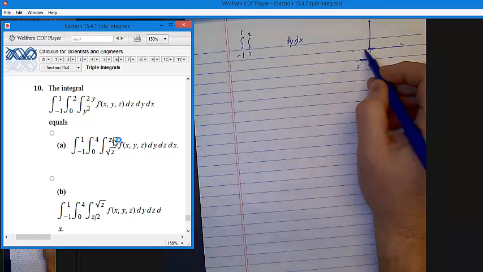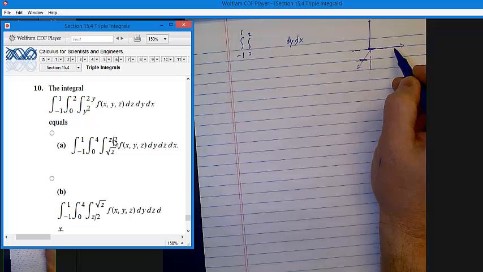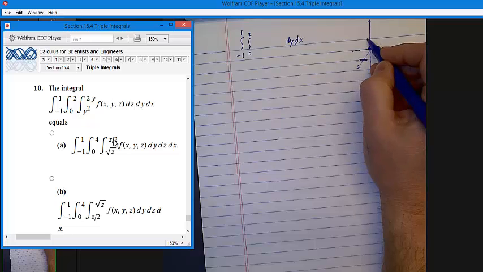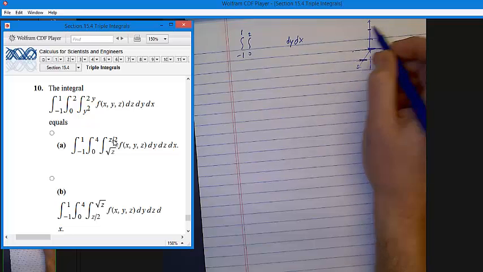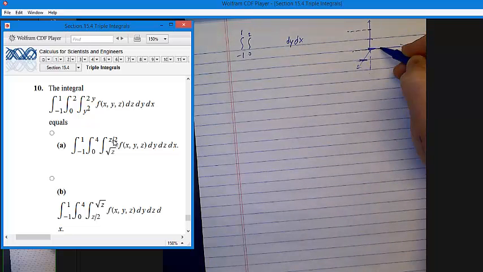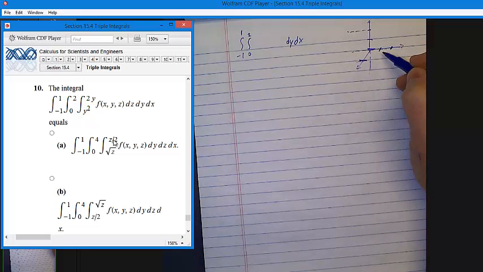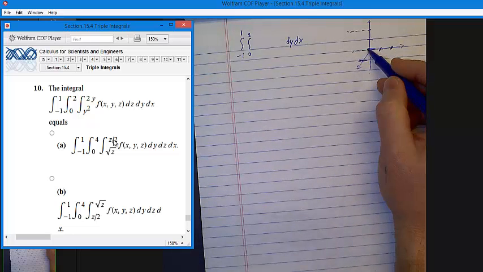Now z equals 0, of course, would be this. But z equals 2 would be this line up here. Okay. So, I'm sorry, I'm in the y. I'm doing y right now. So we're between y equals 0 and y equals 2.